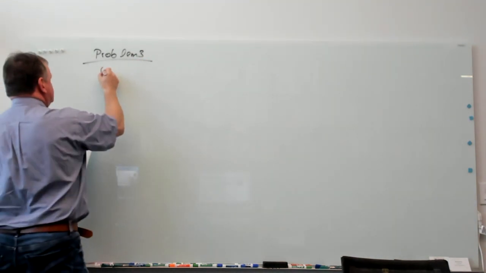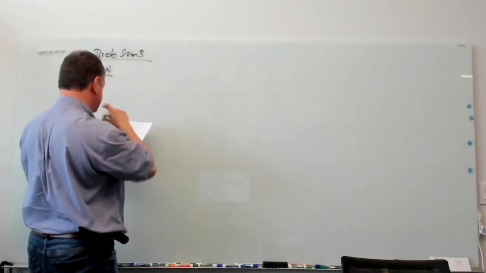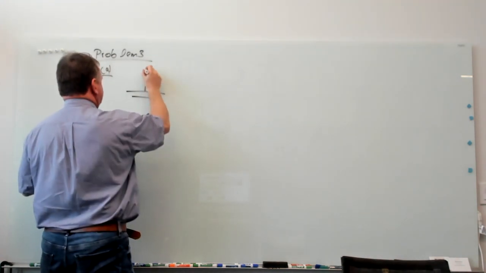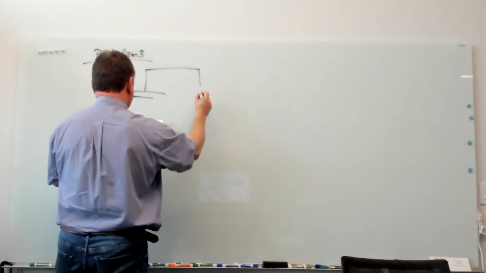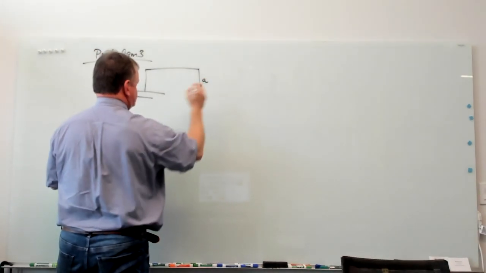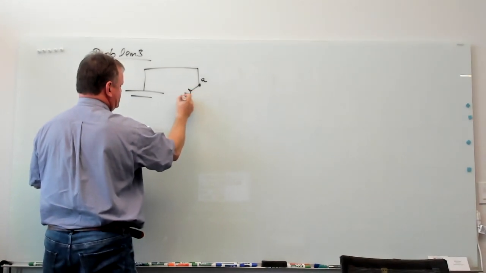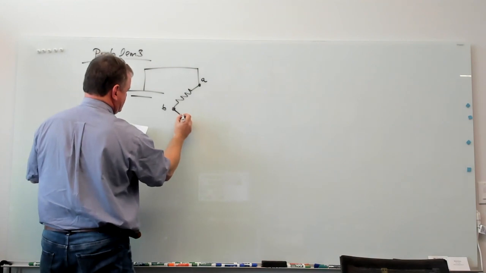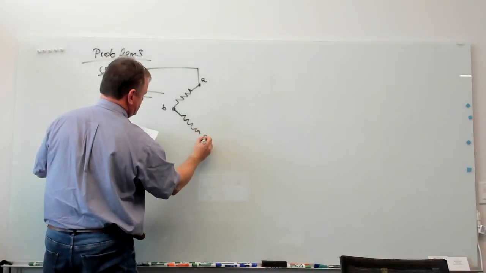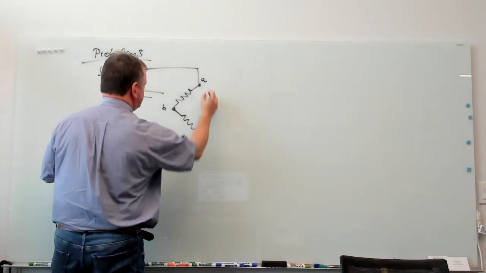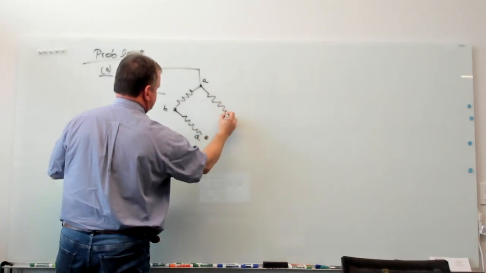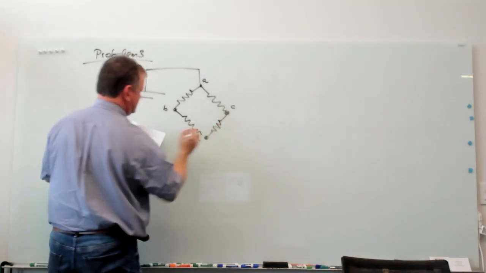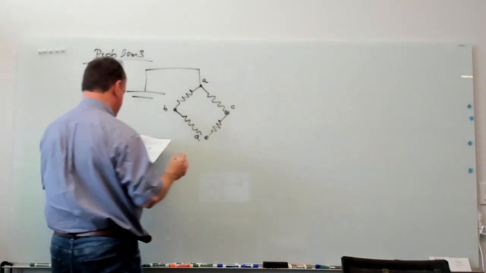Okay, so the first part was to sketch the above circuit diagram. So let me just redraw this. Your battery here, and then the junction points are already labeled. You have one resistor here going into a junction B, another resistor here going into a junction D, a resistor here just across, this is junction C, and then complete this one with a resistor here going back to junction D here.